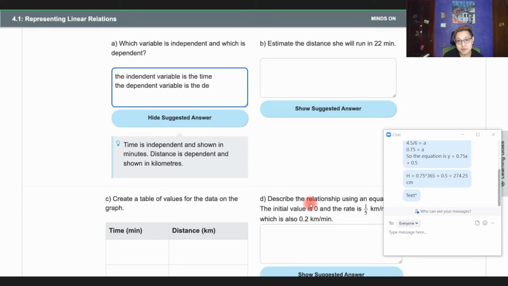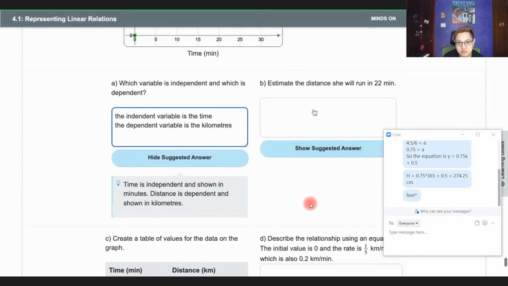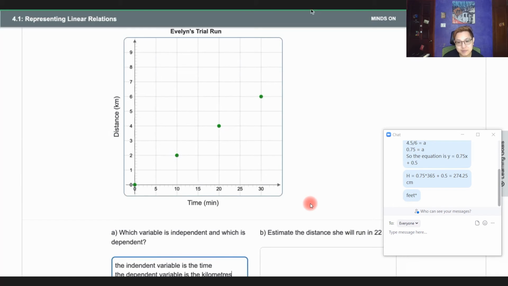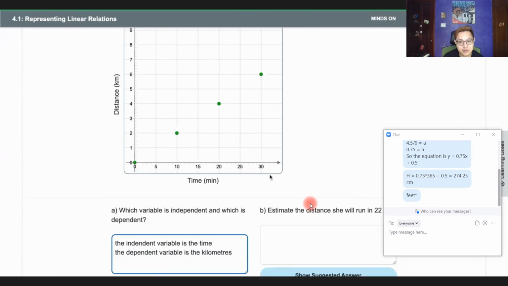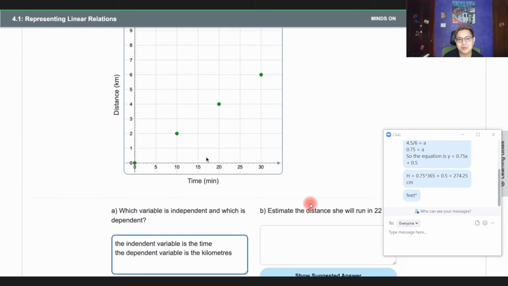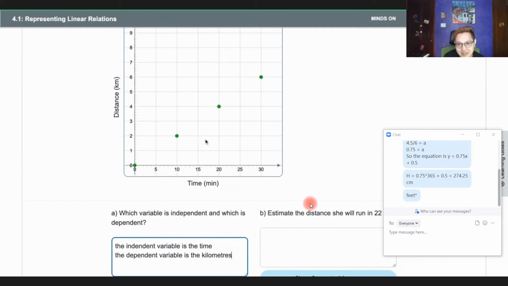You are still confused with this part? Okay, then you have the equation. You can just estimate the distance she will run in 22 minutes. You don't even have to write the equation. You just look at the graph and then you can put a line.